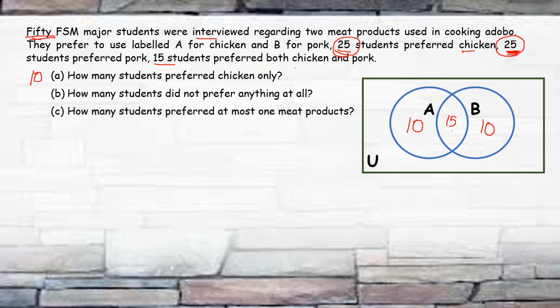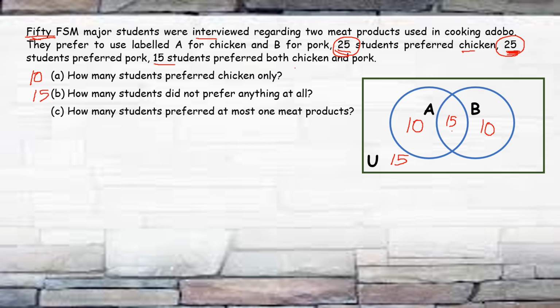So, kung 50 ang in-interview, at ang namili lang ay 10, 15, 10, 35 students. Ilan ang hindi pumili? So, ibig sabihin, wala silang preference. So, kung ito ay 35, may 15 na hindi pumili. So, nandito sa labas yung 15. So, the answer is 15.